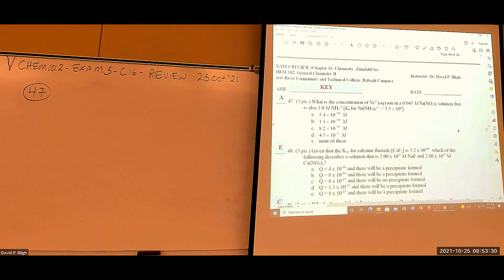This type of problem is best approached in 2 stages. First, the stoichiometry, and then the equilibrium.